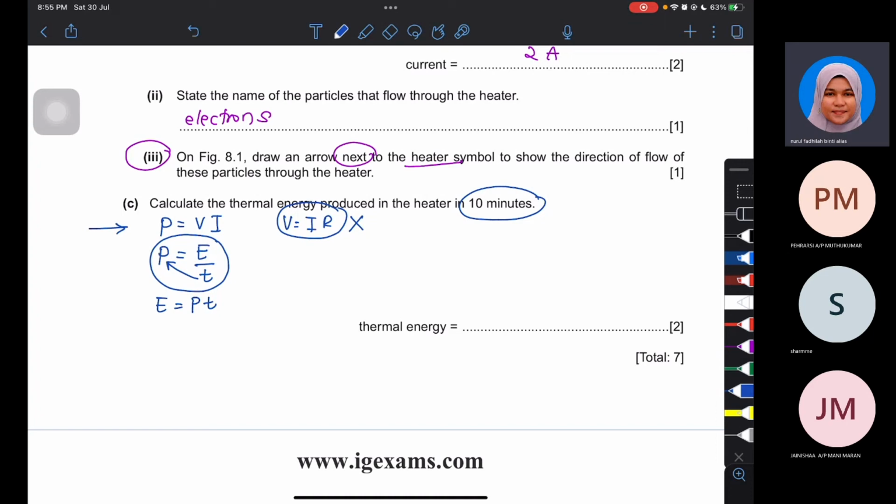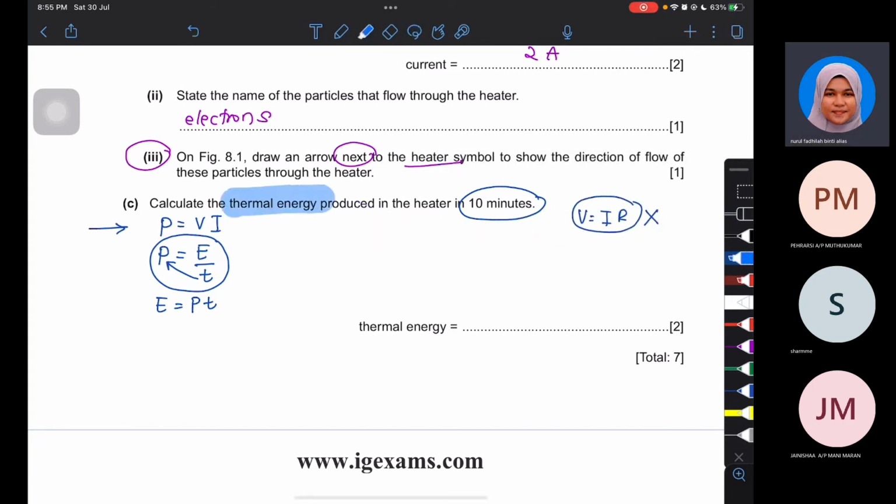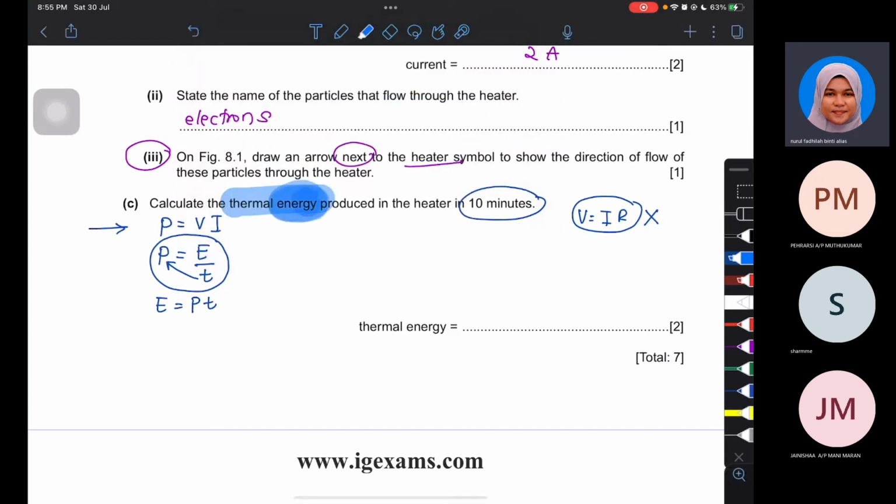E equals to, soalan kata ni calculate the thermal energy. So question wants the thermal energy. Soalan nak energy. Jadi berapa energy dia? So inilah yang kita nak. Inilah yang soalan nak. E.